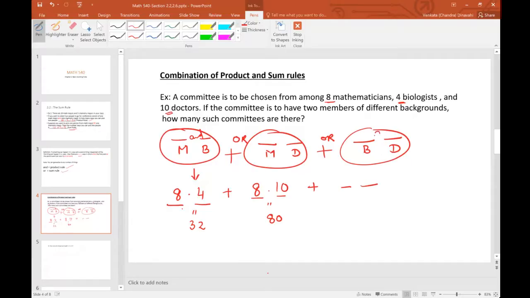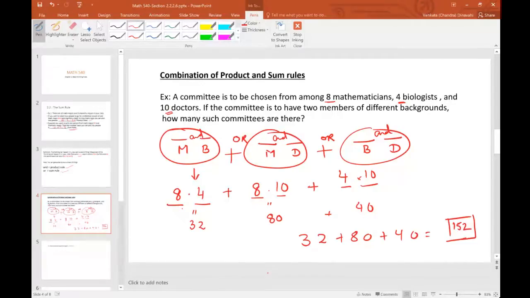Or a biologist and a doctor. Please remember that this is "and". There are 4 biologists and 10 doctors, so 40. Your answer is 32 plus 80 plus 40, whatever the number is. So I think that is 120 plus 32, 152 different committees can form.